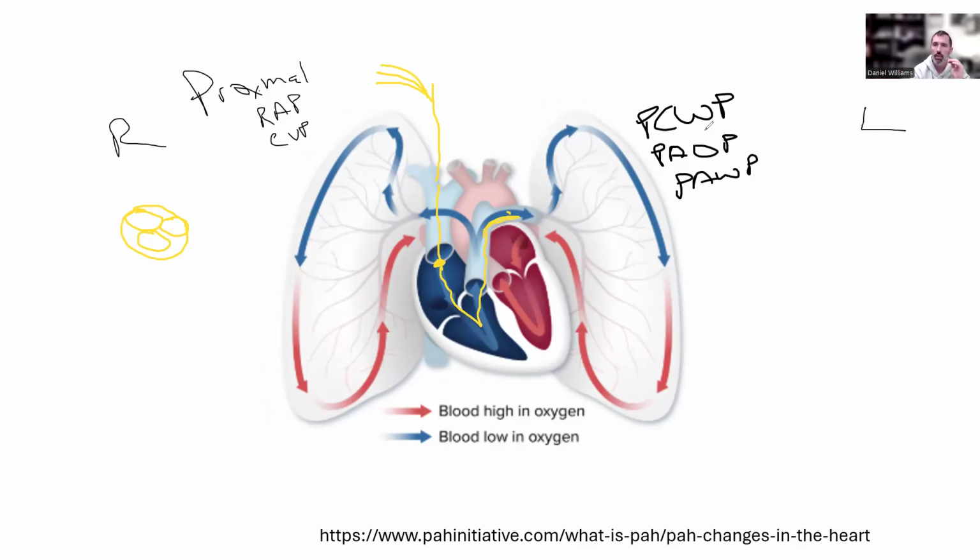Cardiogenic pulmonary edema would mean that you've got issues originating within the heart, or maybe heart failure to an extent. We begin to look at an elevated pulmonary capillary wedge pressure, pulmonary artery occlusion pressure, or pulmonary artery wedge pressure, and sometimes it can be well above 20 if you're looking at a cardiogenic pulmonary edema issue.